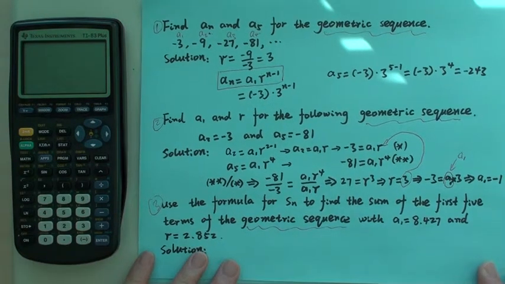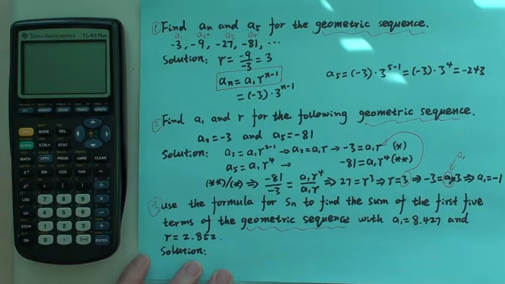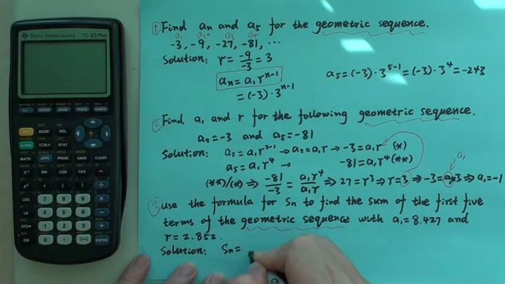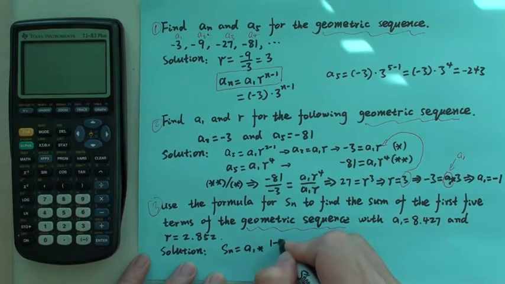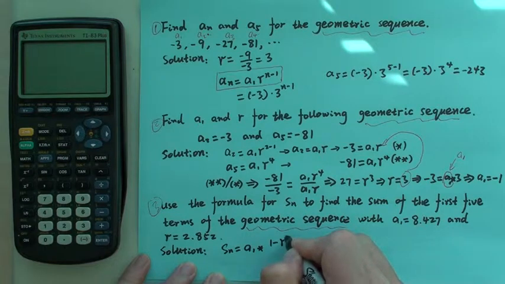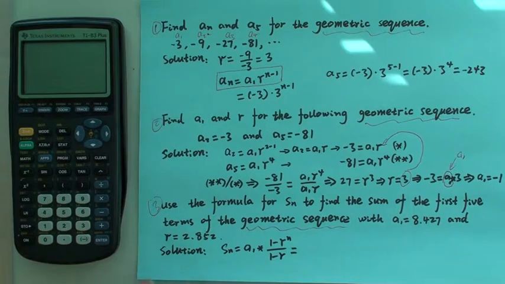Now let's work on the last one. The last one is use the formula. What formula? Remember, S sub n is a 1 times 1 minus r to the n divided by 1 minus r. That's the formula you're going to remember. Maybe the first time you don't remember, but after you did 1 or 2, you should be able to remember it.